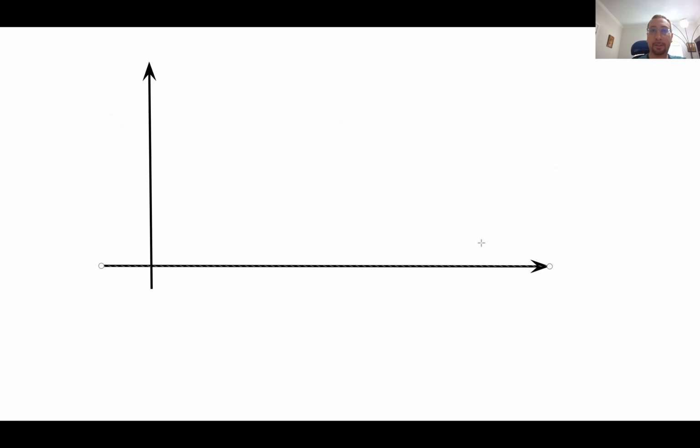So again we are dealing with the y-axis and the x-axis. Here we are measuring temperature, and here we are measuring the strength.